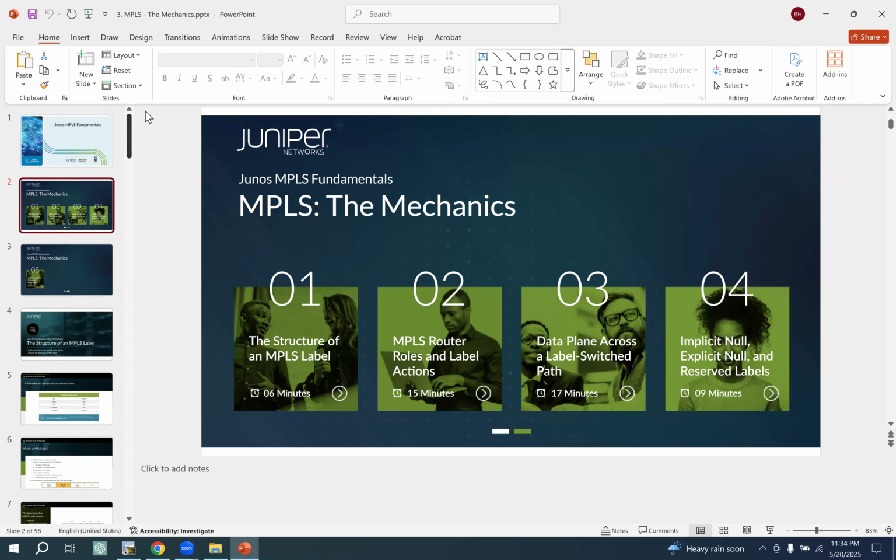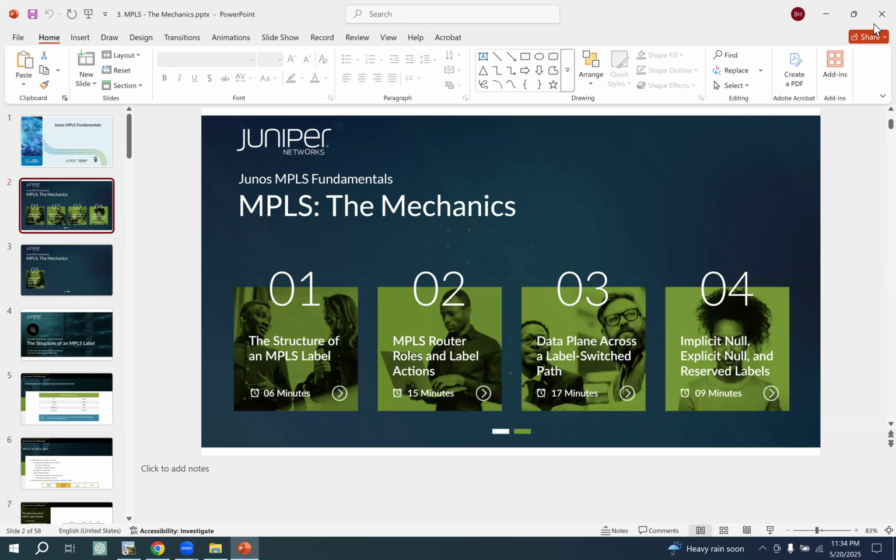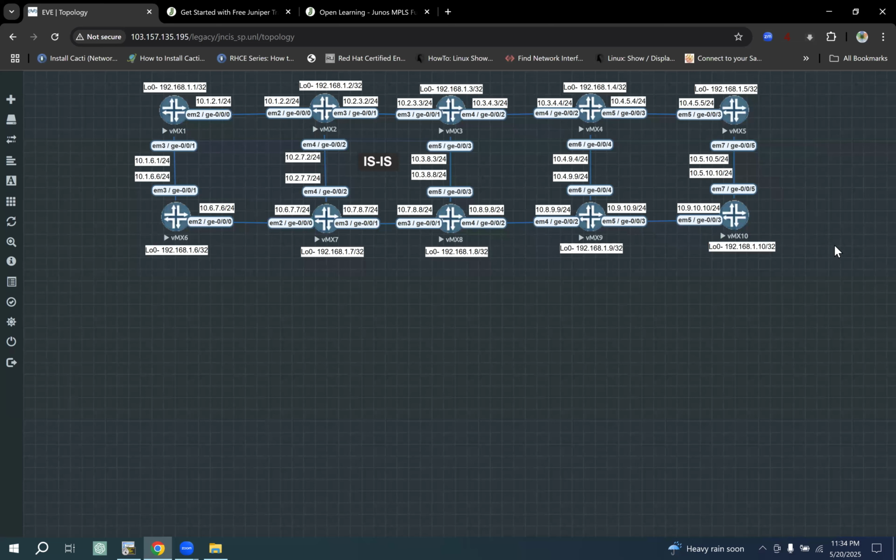Okay, MPLS, the mechanics. So is there any question? Sir, how can they choose the best route, or which attribute actually works here? Okay, the best route by default depends on which label distribution protocol you use in production. If you use LDP, considering this topology, consider router 1 is the ingress router and router 5 is the egress router.